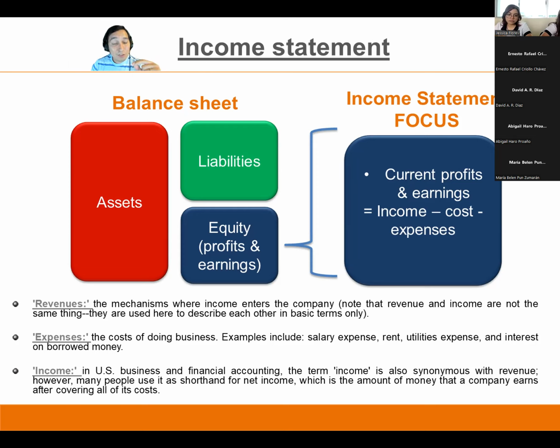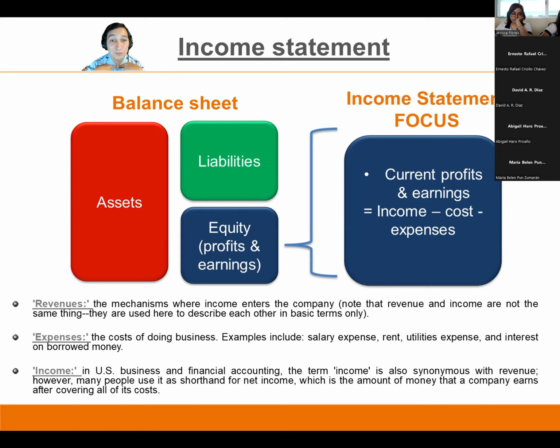But in the equity section, we have one account called profit and losses of the period. And the income statement is a detailed view of that account. Because the profit and losses tells you from the balance sheet, as owner of that company, if the company generated profits or losses. But that's not enough information for me as an investor.